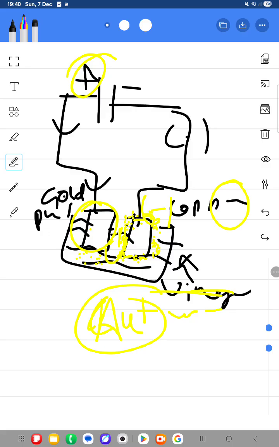The gold ions will be in the water. Gold is Au plus, a positive charge, which will get attracted towards the negative charge. So these charges will go to the copper plate and get attached to it.